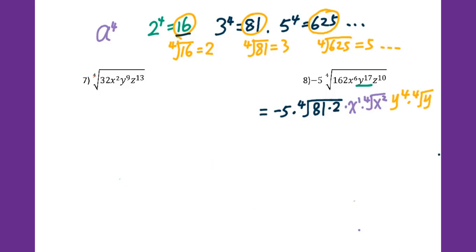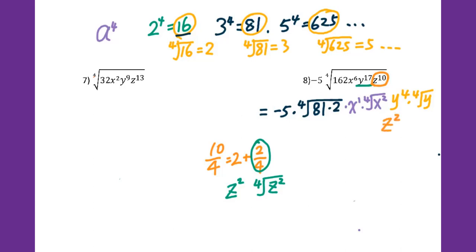Now let's go to z to the 10th power. 10 divided by 4. You will get 2 plus 2 over 4. For this 2, that means z squared. For this one, denominator will be roots, so 4th root of z squared. So I will write down here it's z squared times 4th root of z squared.